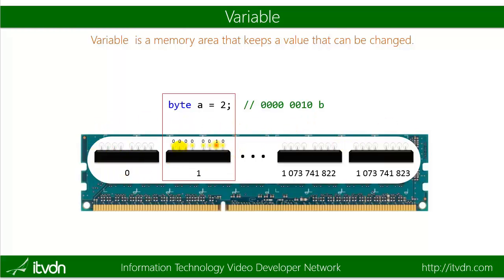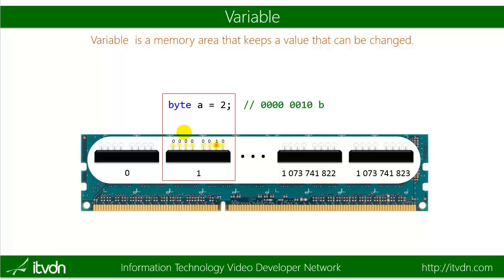In this case, we just put it here for easy access. So you see we have allocated the value of 2 to this byte. We don't choose the byte, the computer chooses the byte, and we don't care where it is. All we want to know is when we say we want the value of A, the computer will go and look for it and bring it to us.